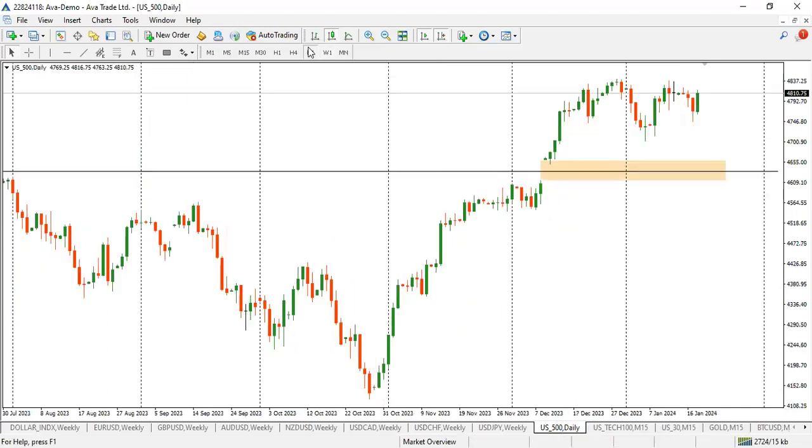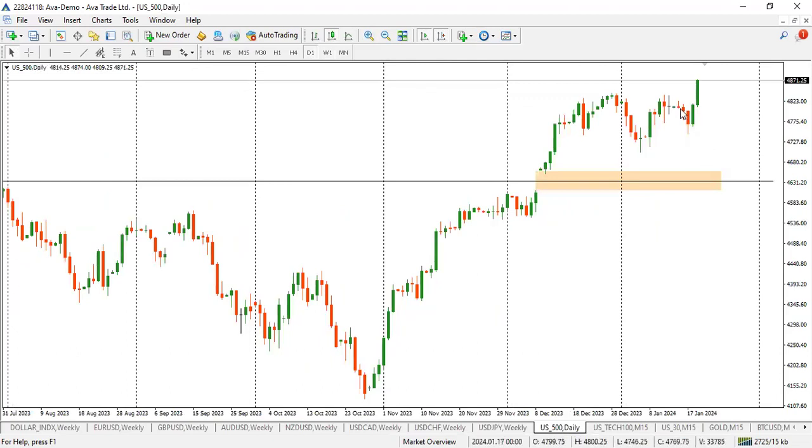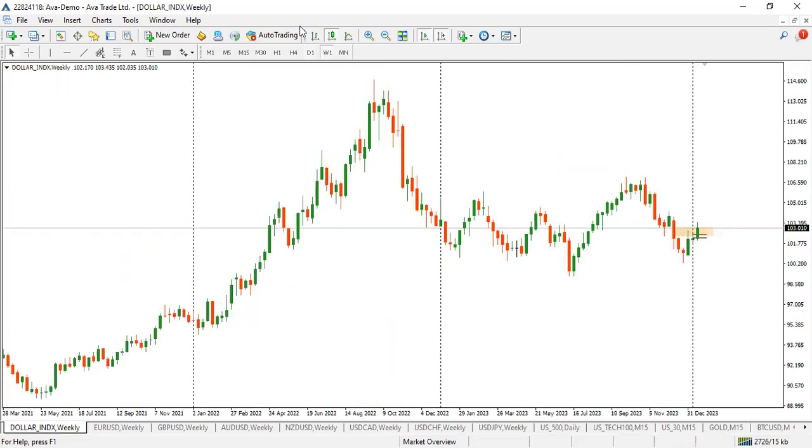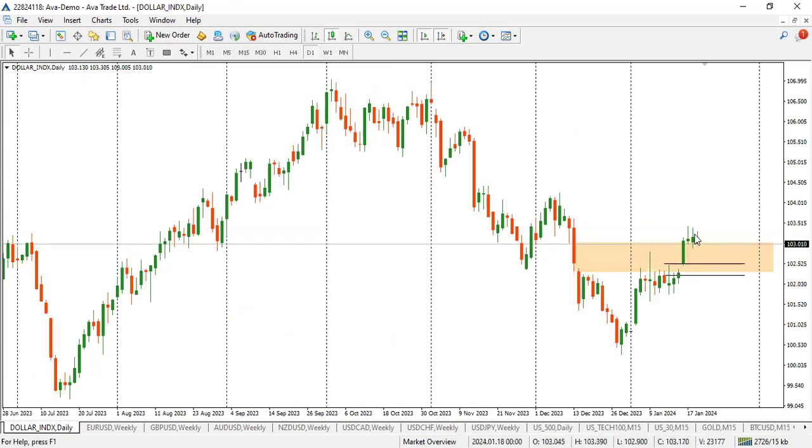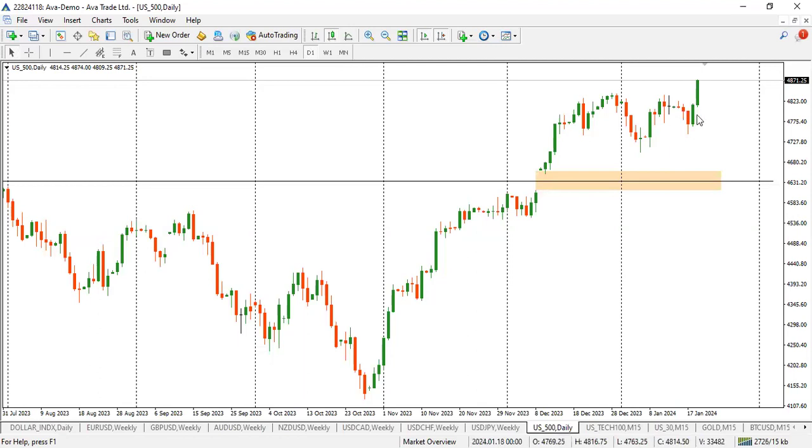So we had Monday, Tuesday, Wednesday, Thursday. We had a Wednesday midweek reversal. That was how price started going up, on the heels of the dollar going down on Wednesday, that made this pair rally higher.